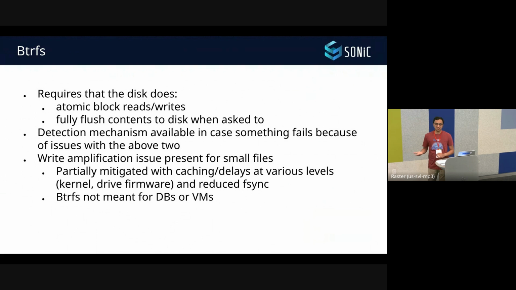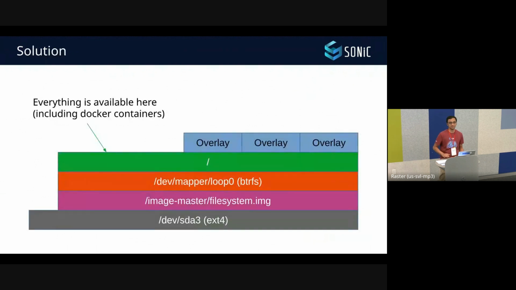This is partially mitigated with caching and grouping of writes at the file system level, within the kernel, as well as potentially within the drive firmware. But it is noted that this file system isn't meant for databases or virtual machines, which fortunately Sonic isn't using today.